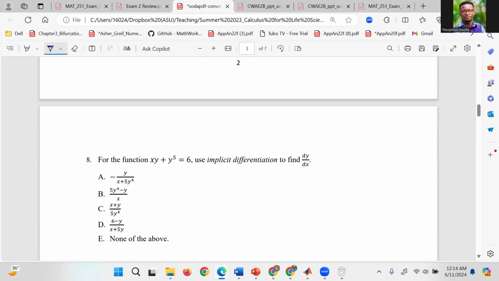What about this nice function? We have to use implicit differentiation to find our dy/dx. So what happens is that we differentiate on both sides. But if I were you, I would pause this video and try to solve it on my own, then compare my result to this. With that being said, we can go straight to the point, and that should give us something like this.